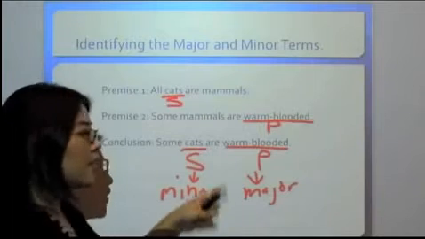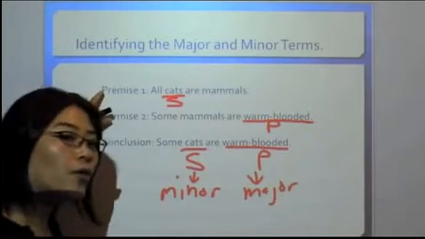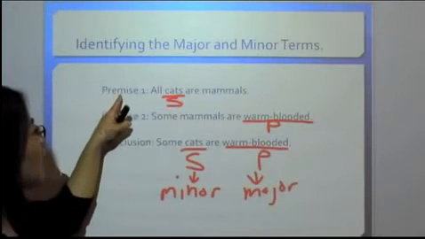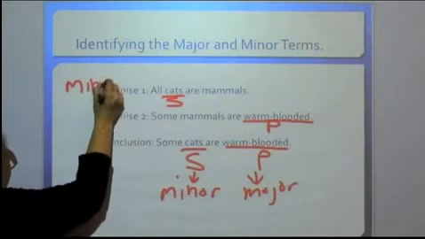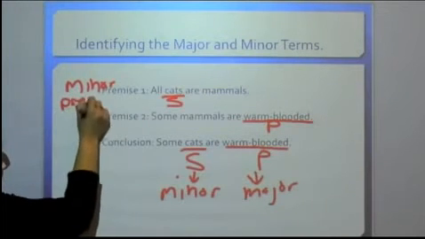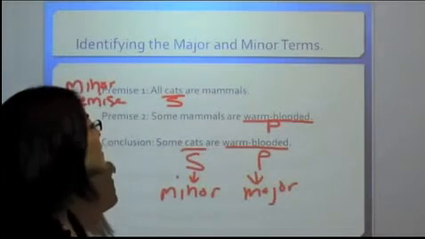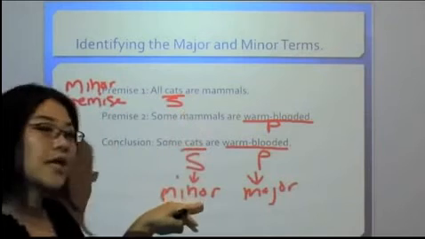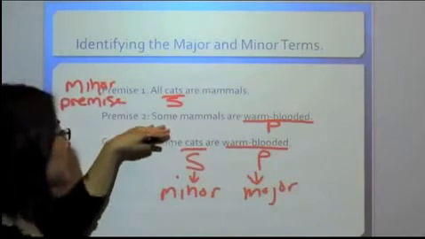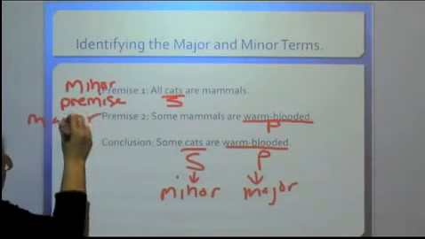After we've identified this, you can see that our premises are in the wrong order. Why? Because premise 1 is actually the minor premise, since it has the minor term in it, which is cat. And premise 2 here is the major premise.